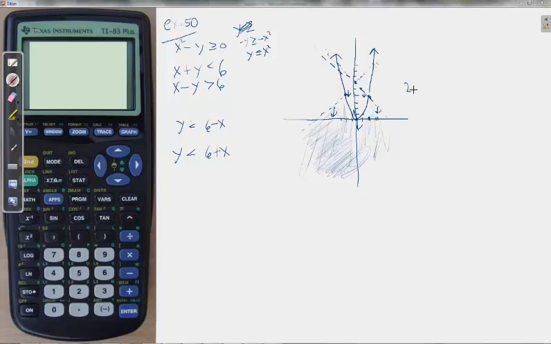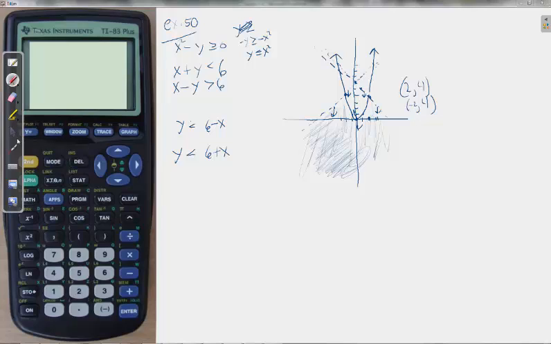Those are both at 2, 4, and negative 2, 4. And check those fairly easily. 2, 4 would be 6. Yep. Then negative 2, 4 would work in the other one.